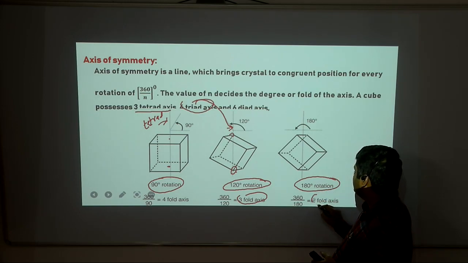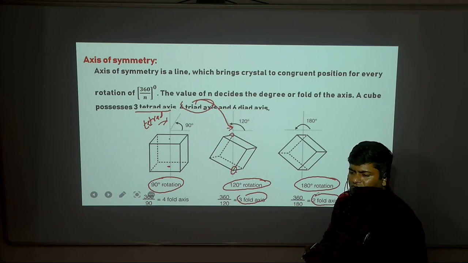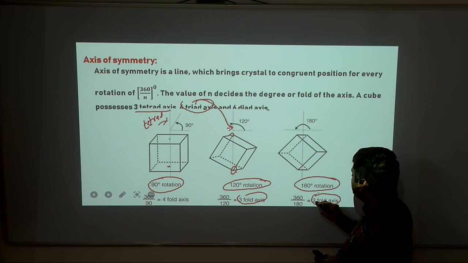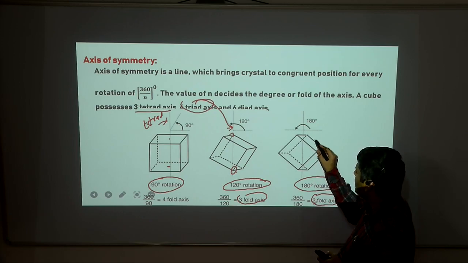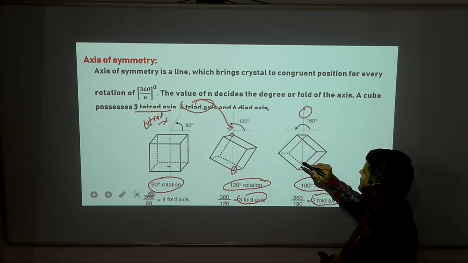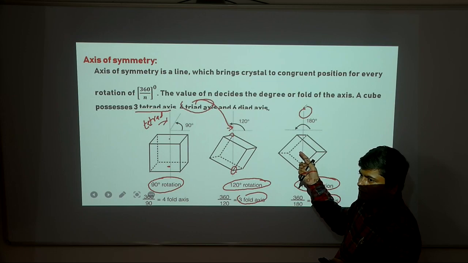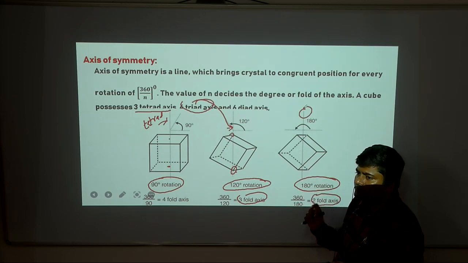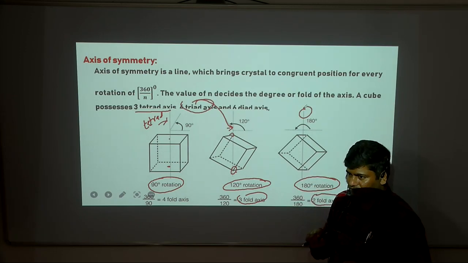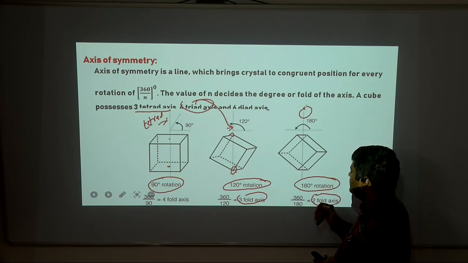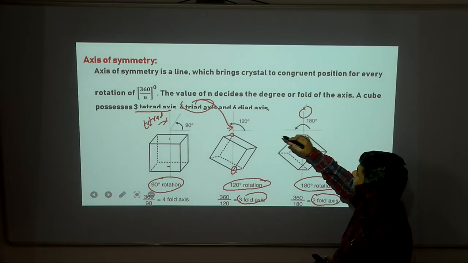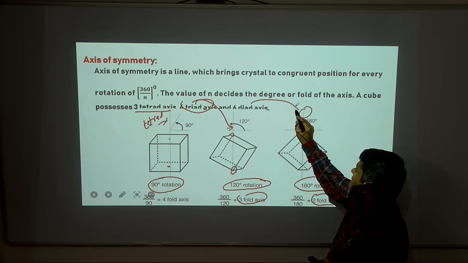So 2 times the crystal can come to the congruent position in one complete rotation of 360 degrees. That's why this axis is called a diad axis.